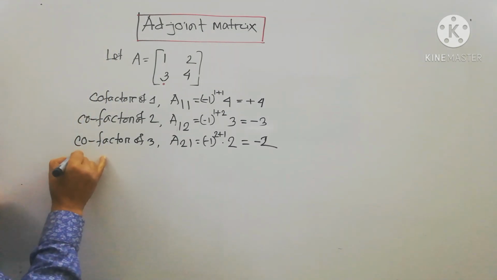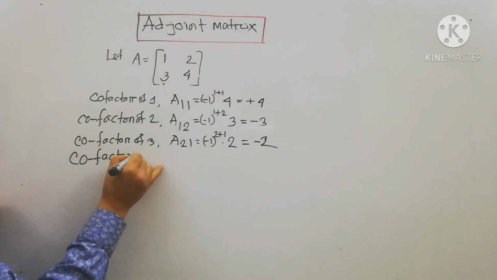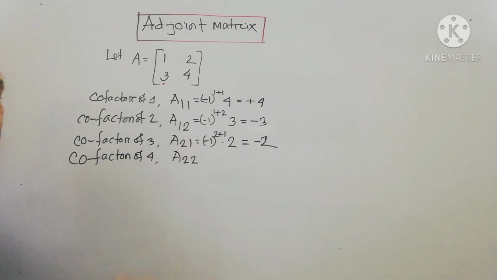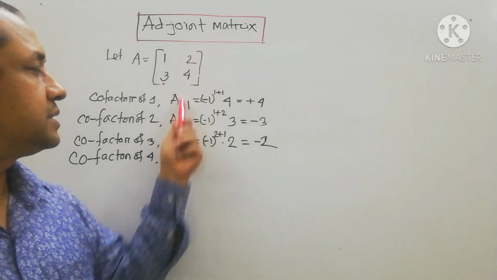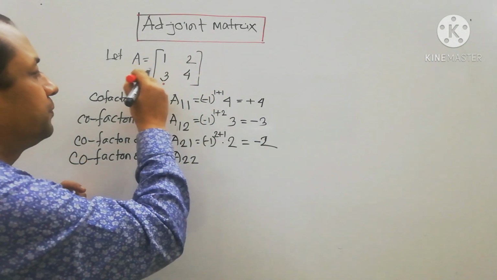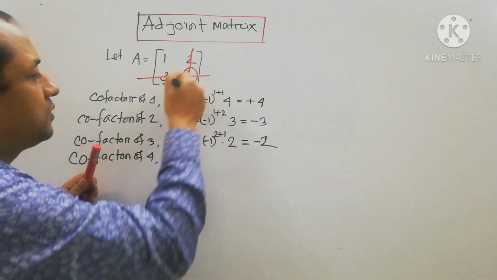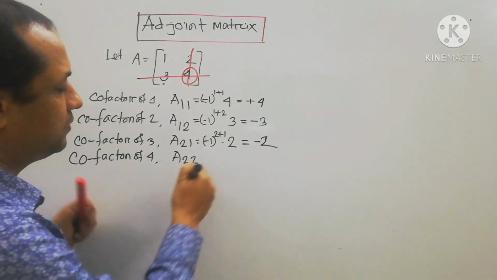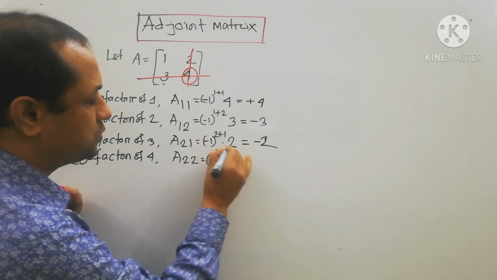Again student, the last one, the cofactor of 4, it is denoted by A22. Here the position of 4 is second row and second column. Now we have minus 1 whole to the power 2 plus 2.